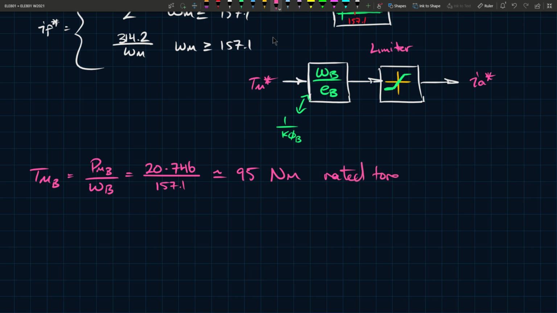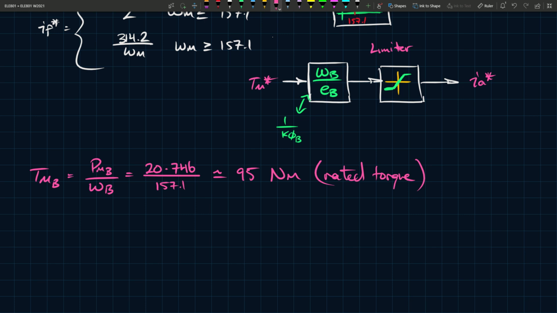This is the rated torque, meaning this is a machine property. This has nothing to do with what we're doing. It is a property of the machine if we want to operate under these conditions. If we want a base speed of 157.1 radians per second and the machine has a 20 horsepower rating, then the rated torque that it can provide is 95 Newton meters.